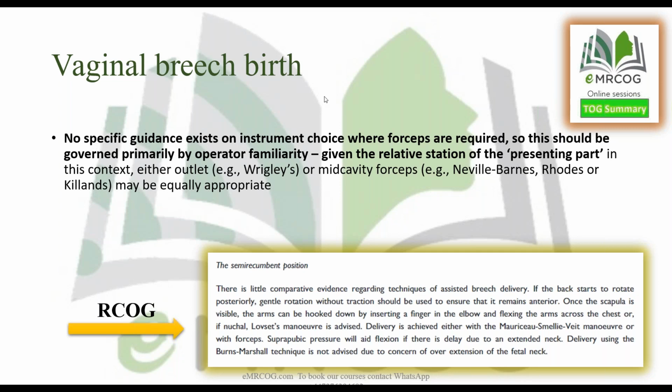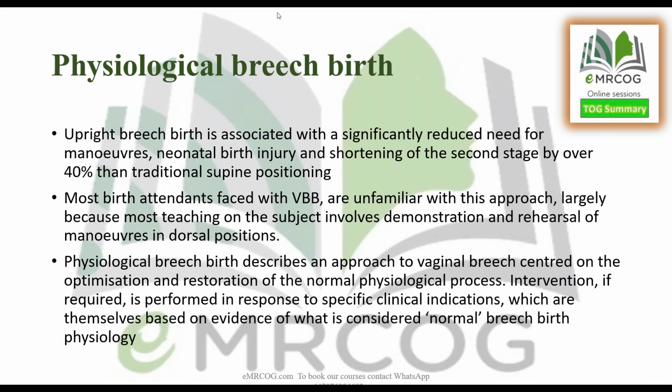Here comes the vaginal breech birth. The TUG article does not really support the current practice, and they suggest that we should depend more on physiological breech birth, on the natural.